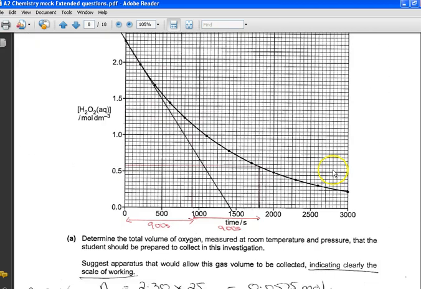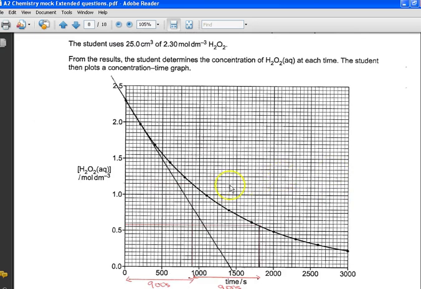Because it's a concentration time graph, you can look at the half-lives. You're starting with 2.3, and some of you tried to do half-life but started at 2.5, but the graph actually is 2.3. So you go for half of that. You can't see it too clearly actually. I thought I'd done it here, but it's actually here.